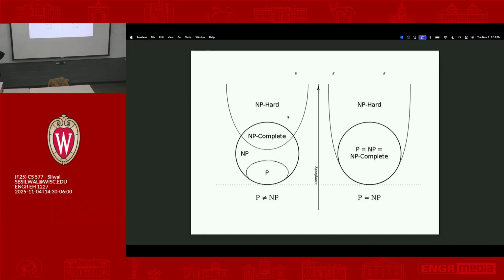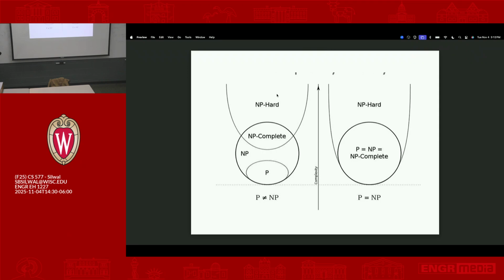Okay, so essentially, you can think we're in this part of the world, okay, where P is not equal to NP, right? So you have a set P, and you have a set NP, okay? P is in NP, right, because something that's easy to solve is easy to verify. And NP complete is like the set of problems that are the hardest problems, okay? If I could solve any one of these problems, then I can solve everything here, okay?